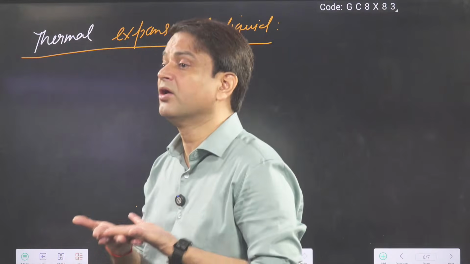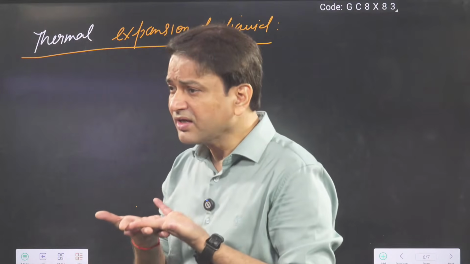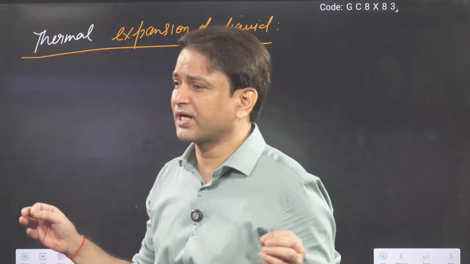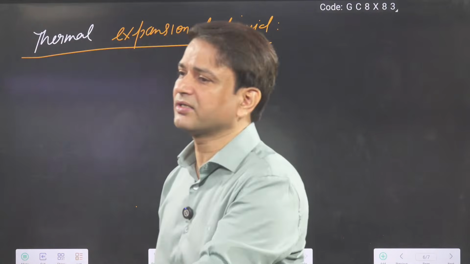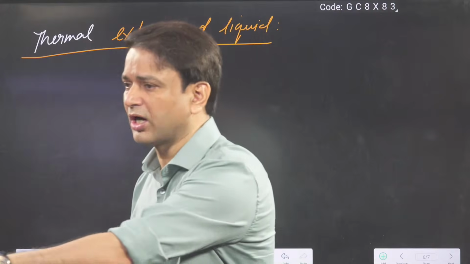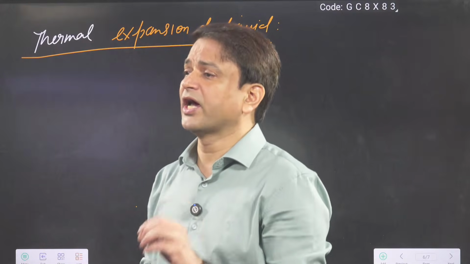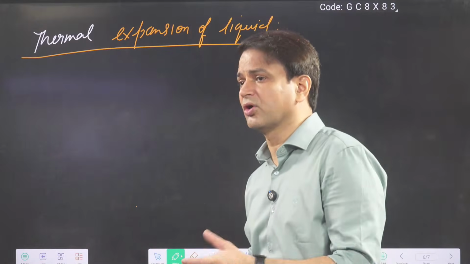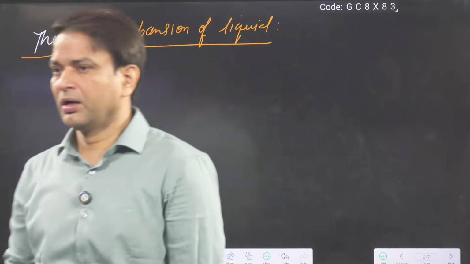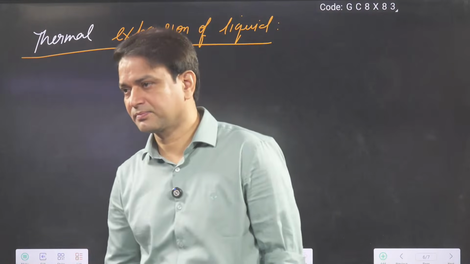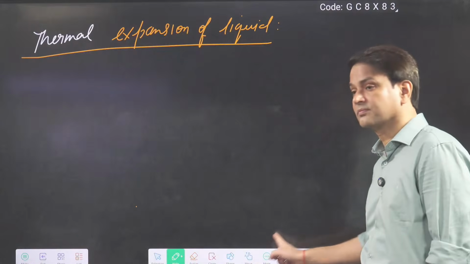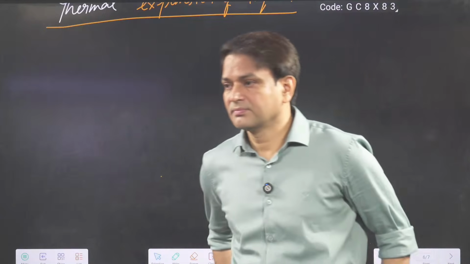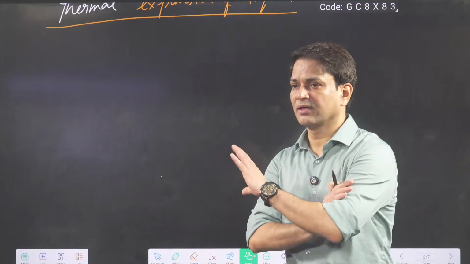Alpha is to beta is to gamma is 1 is to 2 is to 3, we are using for the solids only, and that is particularly for the isotropic solid. Everybody got? Okay, up to this okay?